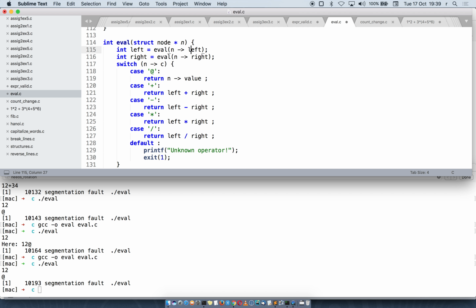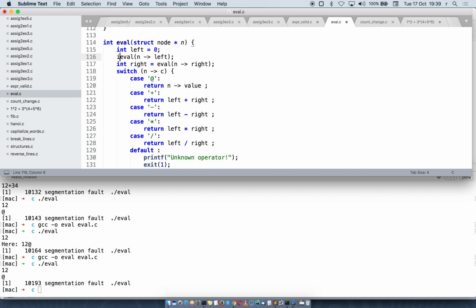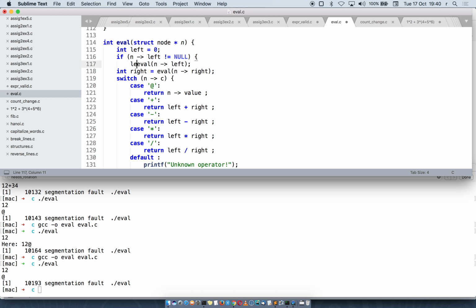So, we should say left equals 0 if n left not equals null, then left equals eval n left.